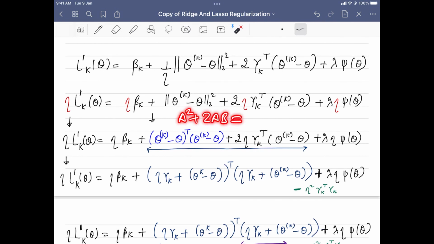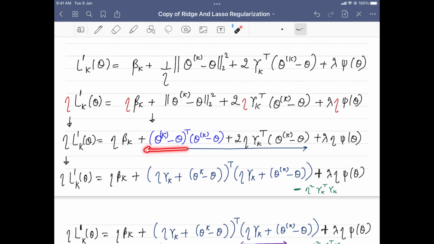So what I am doing is, now I am writing it as a plus b whole square minus b square. So basically this is a square and this is 2ab factor. So we are replacing the a square plus 2ab by a plus b whole square minus b square.